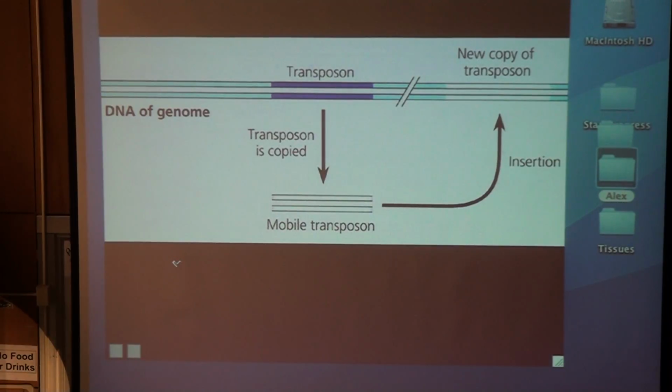So let me diagram it like this. Here's the nucleus. Here's the rest of the cell like that. Here's part of your chromosome. And here is the transposon gene. So the transposon gene is expressed, so it ends up making a protein product, an enzyme.